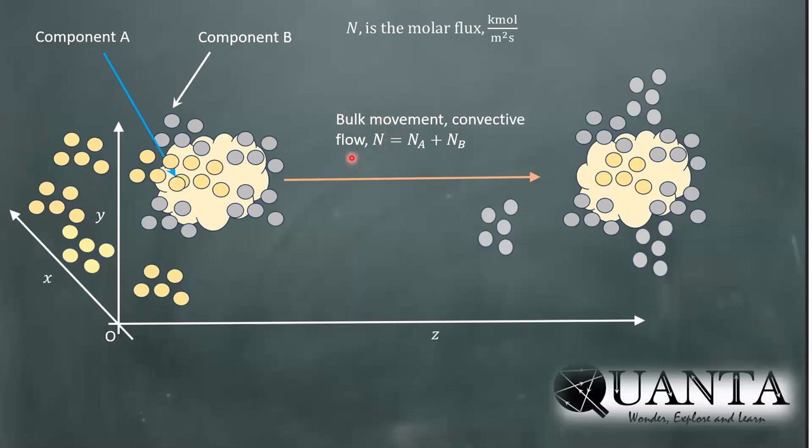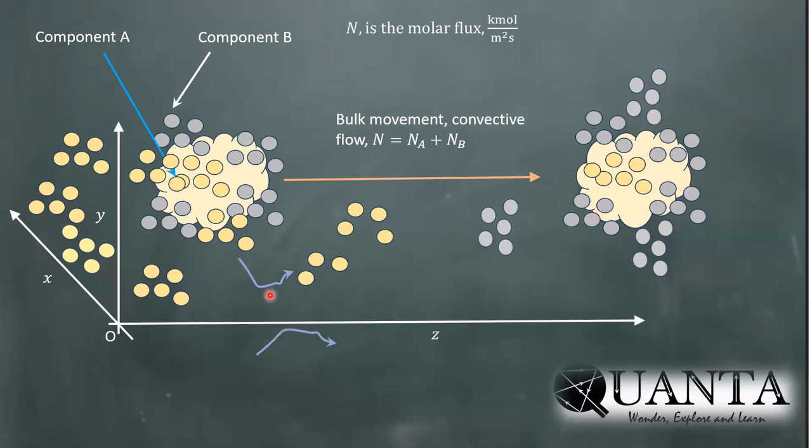This is the absolute flux denoted by N. Since the portion of the fluid actually carries with it component A and component B, the total flux will be the sum of the individual fluxes of the components. On the other hand, we have seen the particles of component A will diffuse towards the right because we have a lower concentration of component A on the right-hand side.